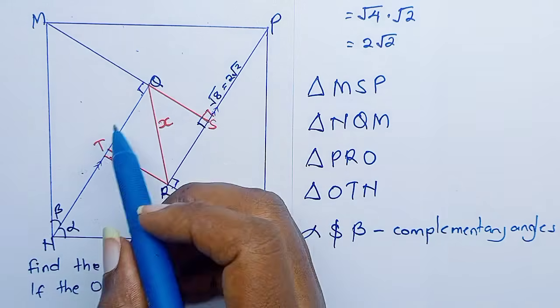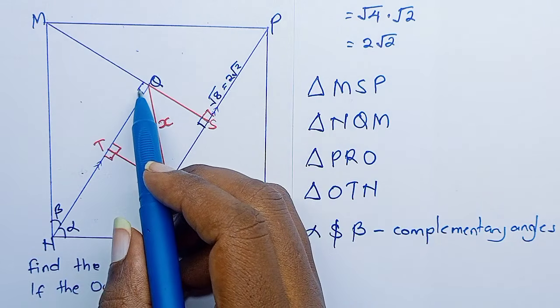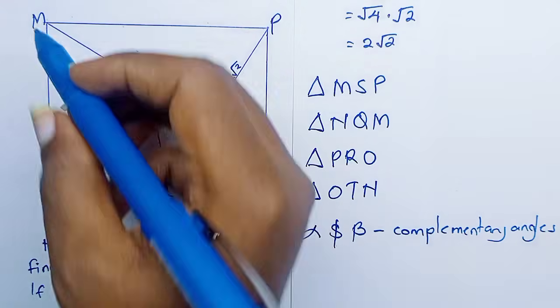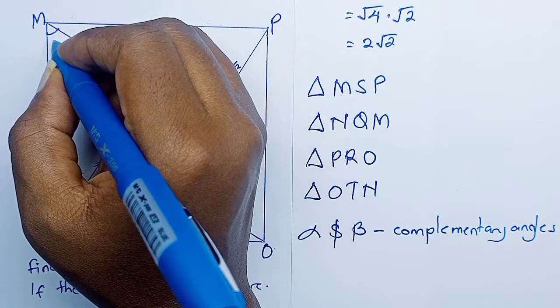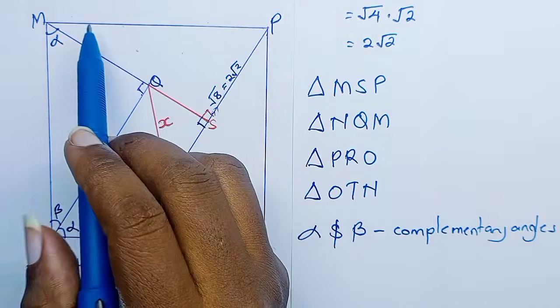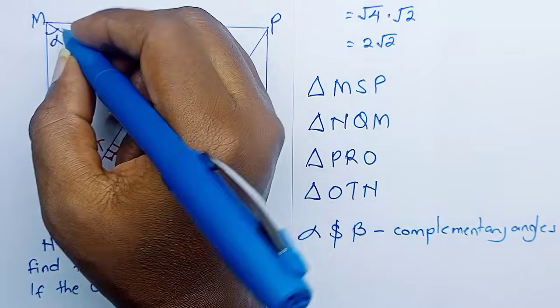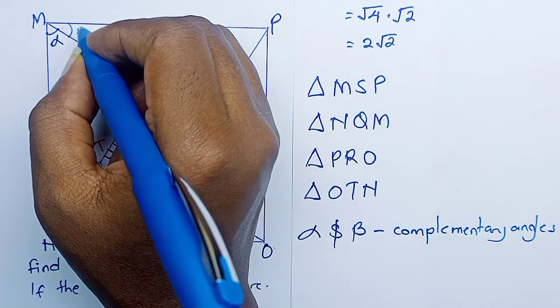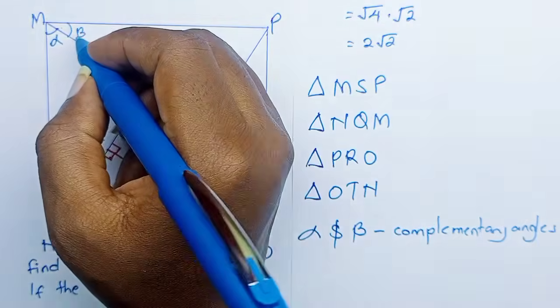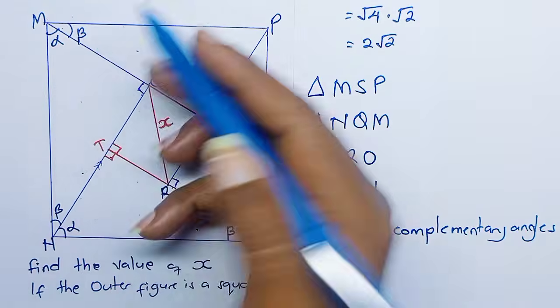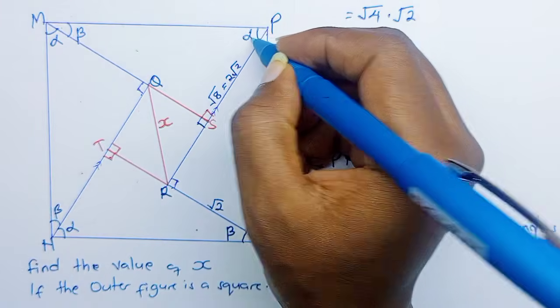And since here is 90 degrees and this is beta, this will be alpha. Also, this is 90 degrees at this angle. So if this is alpha, this one will be beta. And we know that this angle is 90. So if this is beta, this will be alpha.